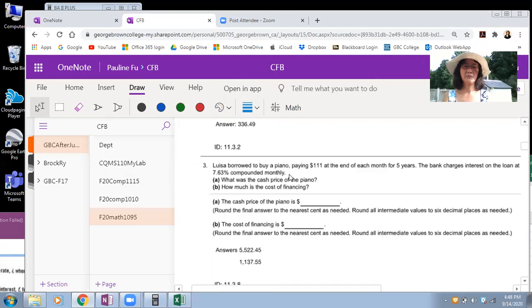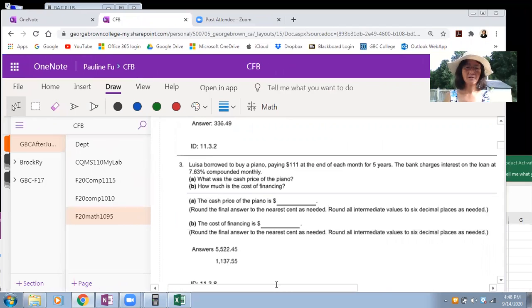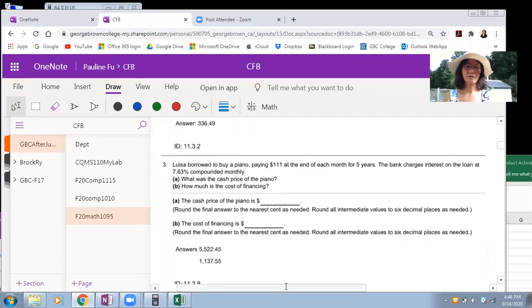Okay. So we did question 2. Next, question 3. Louisa borrowed to buy a piano, paying $100.11 at the end of each month for 5 years.